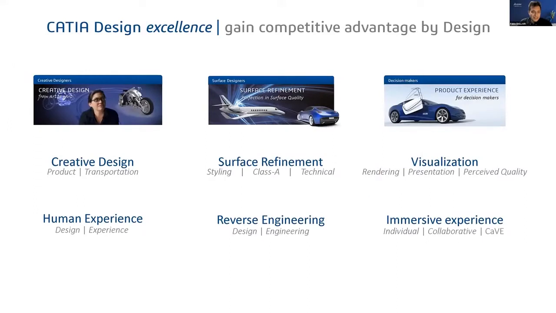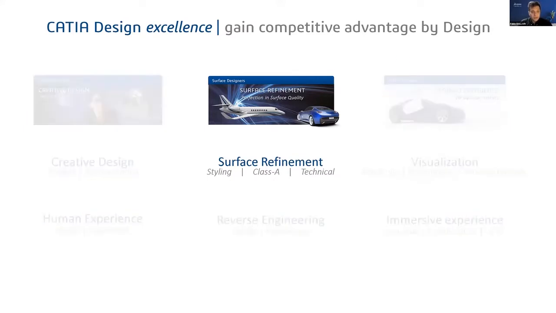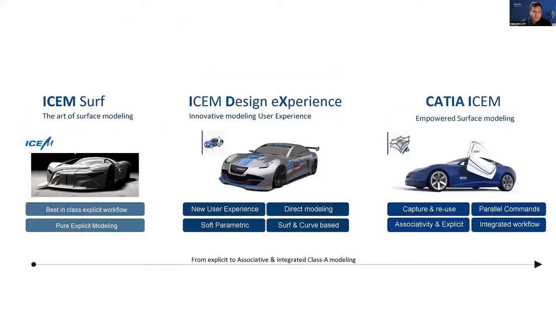So let's start by defining what is the scope and coverage of CATIA Design. When we talk about CATIA Design, we talk about creative design, surface refinement, and product experience. But today, we're going to focus on surface refinement. What you can see here is the dedicated product for surface refinement.